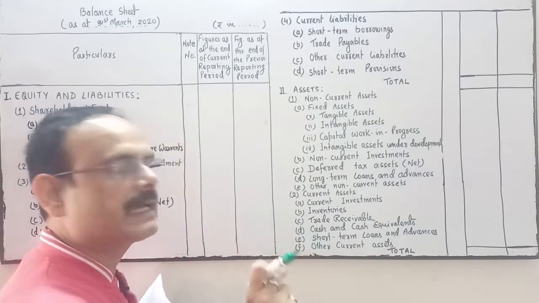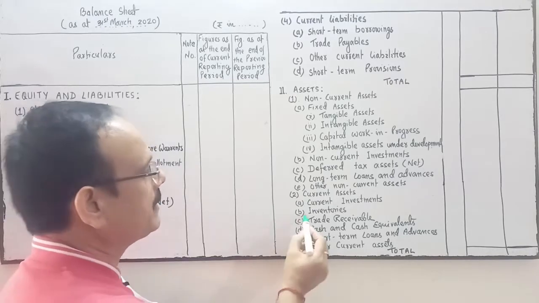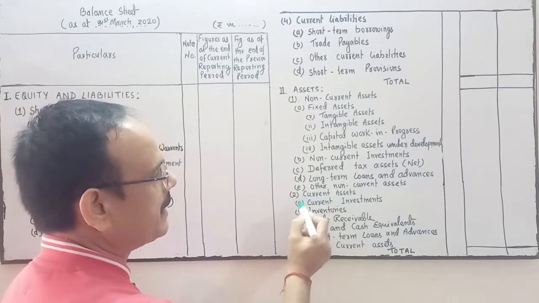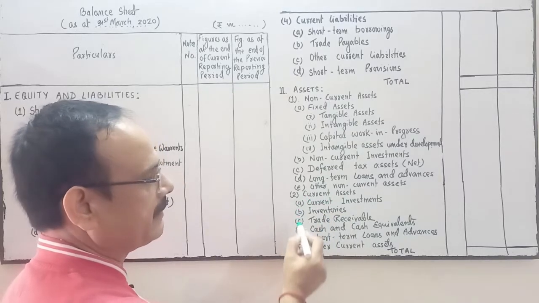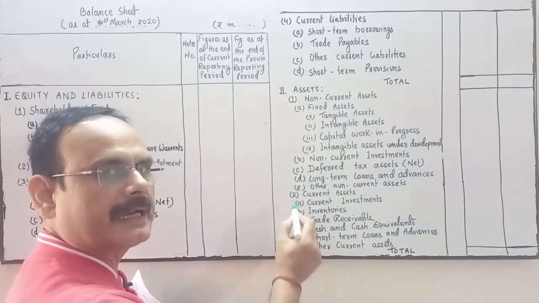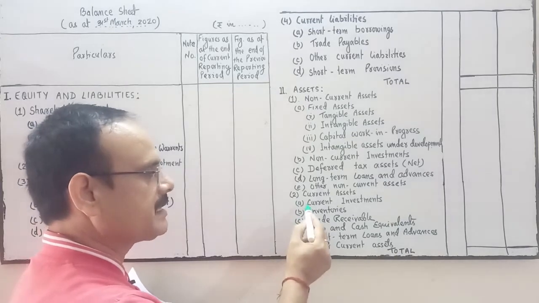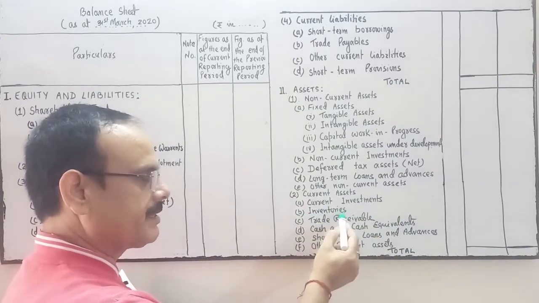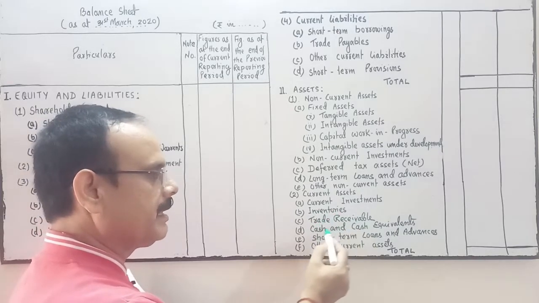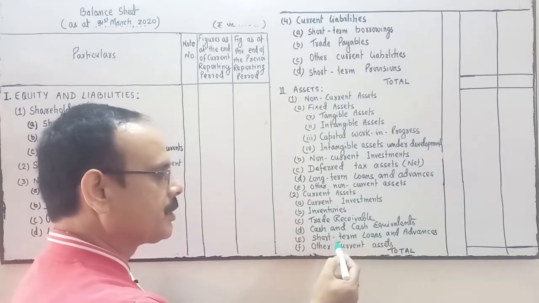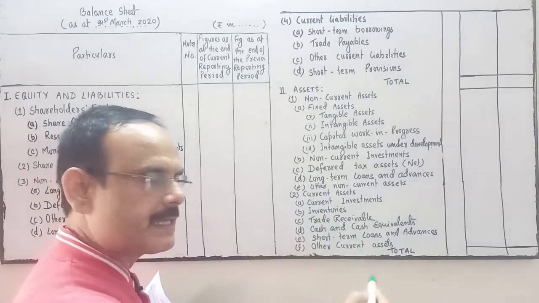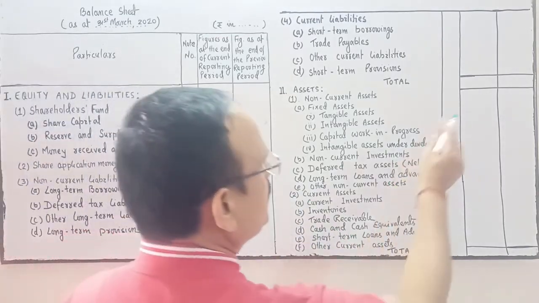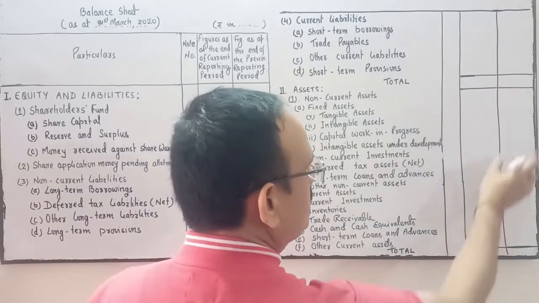And then other current assets. So under the current assets, there are 6 different type of current assets. First one is current investment, second inventories, trade receivable, cash and cash equivalent, short term loans and advances, and other current assets. Now we'll do the total of these here.